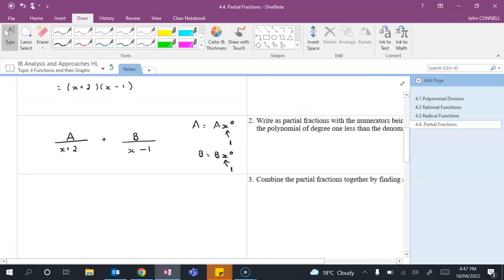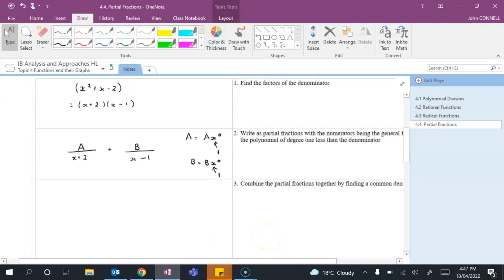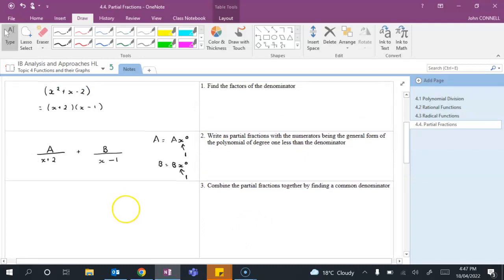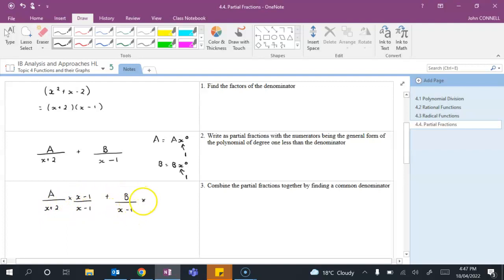Okay, combine the partial fractions together by finding a common denominator. Our common denominator is going to be our original denominator, x squared plus x take 2. So it's a on x plus 2, and I've got to times this by x take 1 on x take 1. And b on x take 1, I'm going to have to times that by x plus 2 on x plus 2.